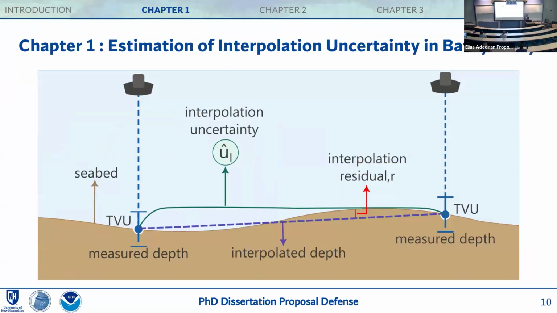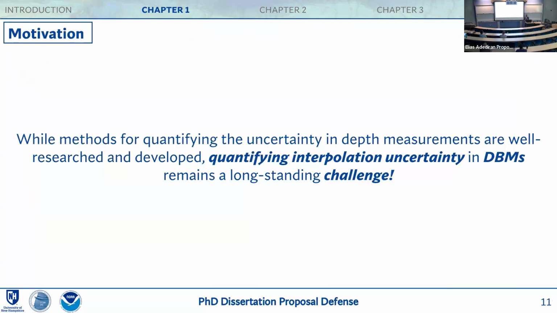So let's dive into the first chapter, which is the estimation of interpolation uncertainty in bathymetry. The primary motivation of this chapter is that while methods for quantifying the uncertainty in depth measurements are well researched and developed, quantifying interpolation uncertainty in DBMs remains a long-standing challenge.